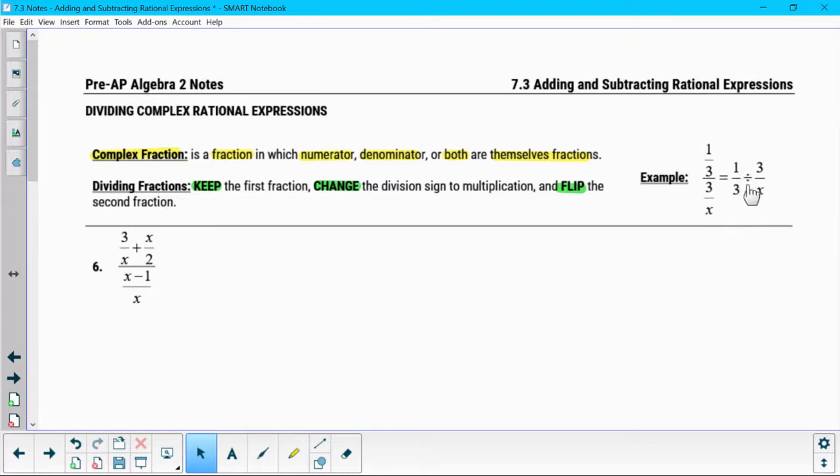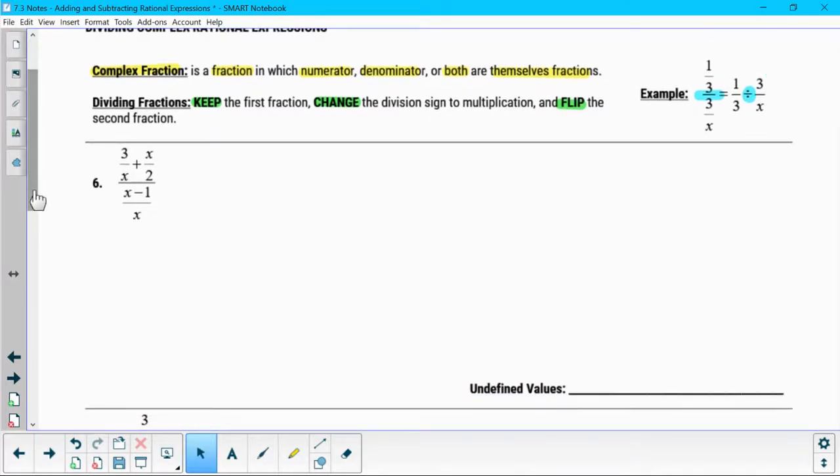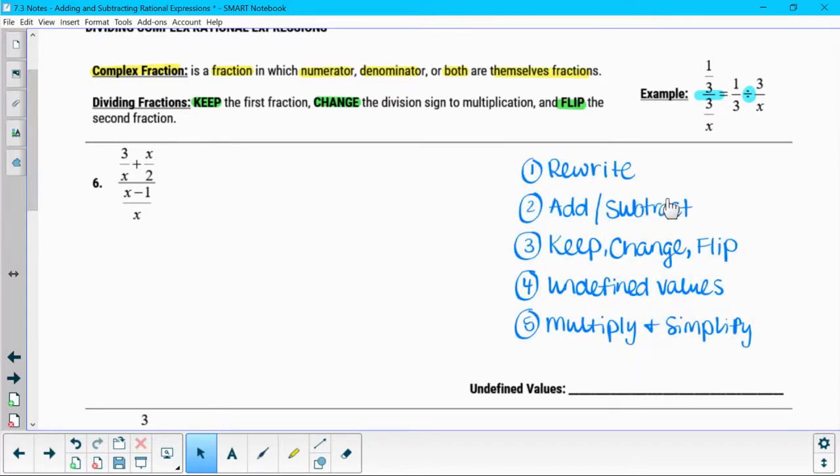So I have 1 over 3 divided by, because remember, division is the same thing as this fraction bar, divided by 3 over x. So I don't necessarily have specific directions written out for this, but I'm going to give you a general idea of what we are going to do. First, we're going to rewrite. We're going to change it like we did this example problem into a form that we are comfortable with.